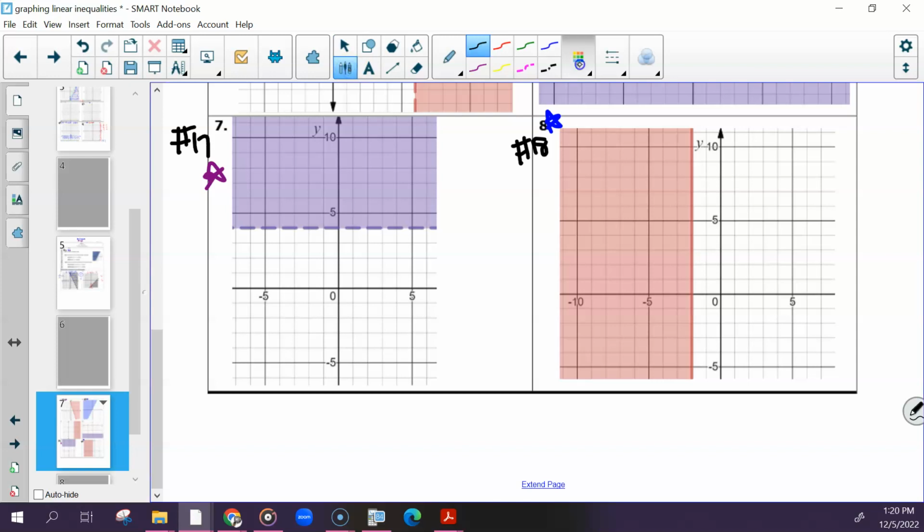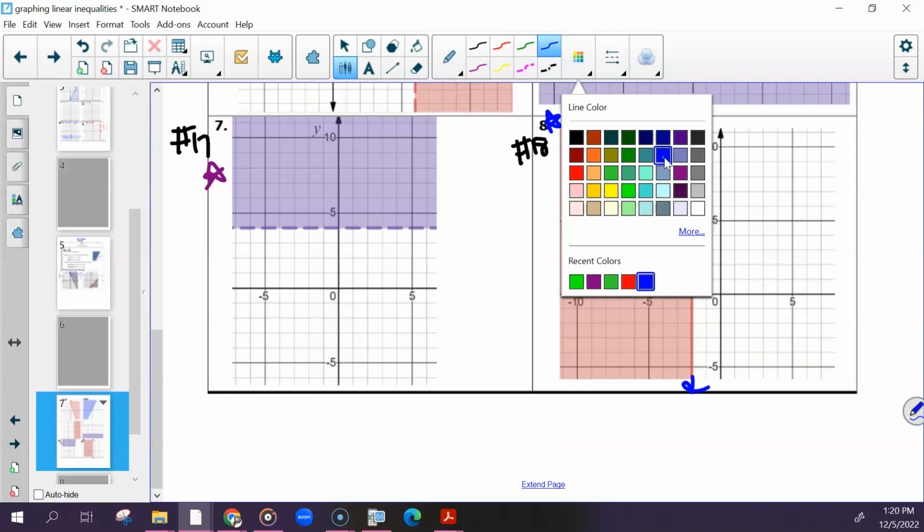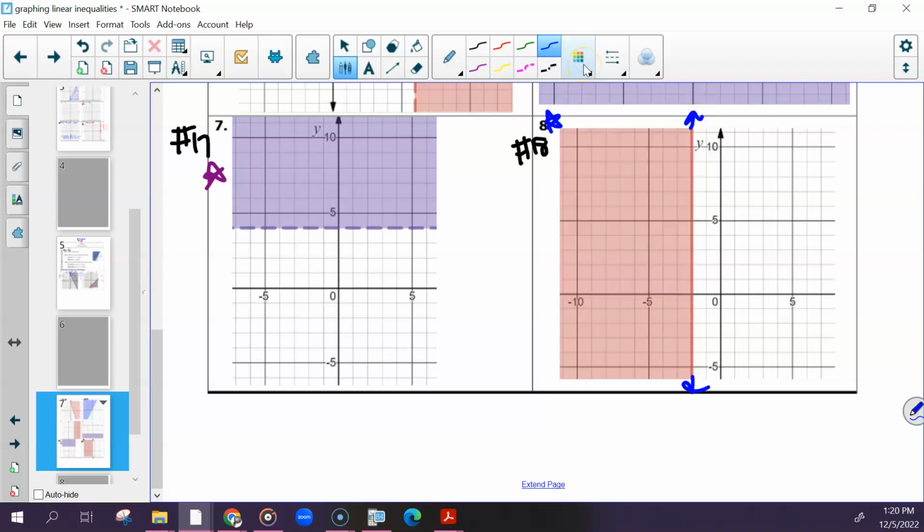I know your shading is not as good as mine, the color is not on yours. So just make sure that you can see that this should be your shaded area. So since this is a vertical line, it has to be some x.